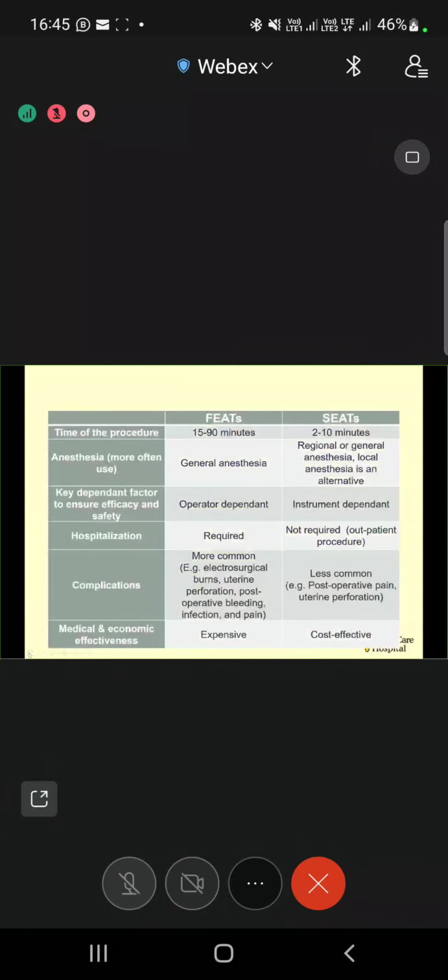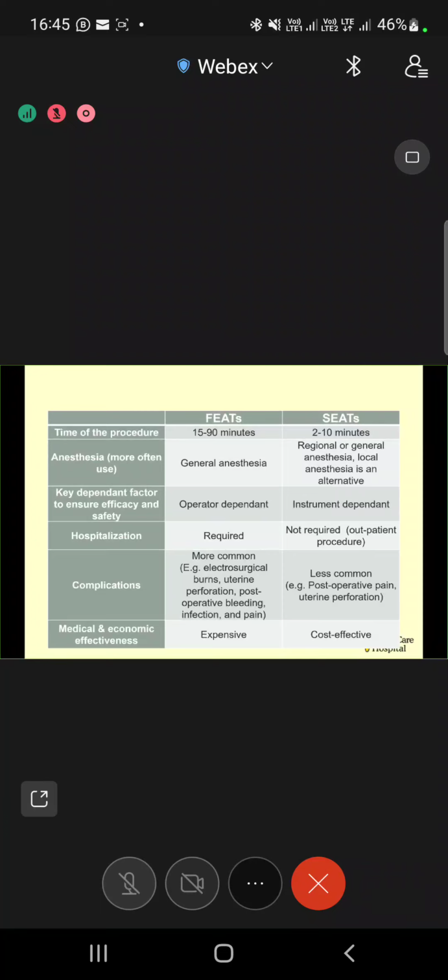When you compare these two techniques, the first generation techniques are usually performed under general anesthesia, whereas second generation endometrial ablation techniques can be performed under regional anesthesia.